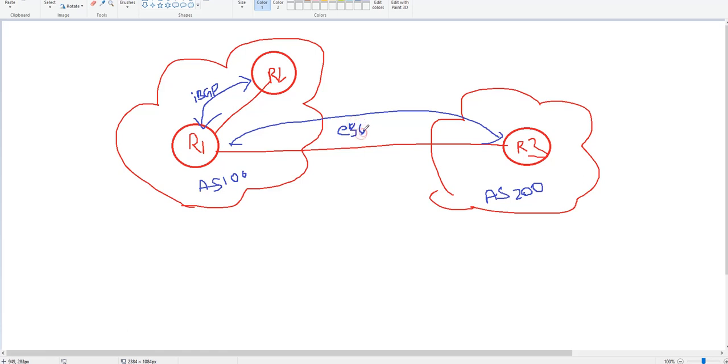That is the question going on in your mind, right? It is simple, there is no rocket science in this. If the routers trying to form the neighborship are both in the same autonomous system number 100, I call it IBGP. R1 and R3 belong to two different AS numbers, because R1 belongs to AS 100 and R3 belongs to AS 200, so I call this EBGP.